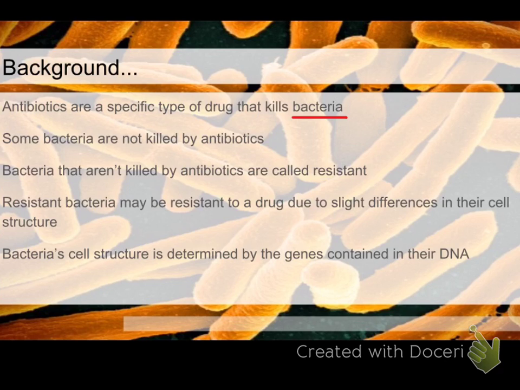Very often something about their cell structure is a little bit different, and that's what allows them to resist the antibiotic. And I don't know how much you've had about DNA. We'll talk a lot more about that this year. But their cell structure is actually built by using instructions in their DNA. And so those differences in their DNA mean differences in their cell structure, and those differences are what allow some of them to survive antibiotics.